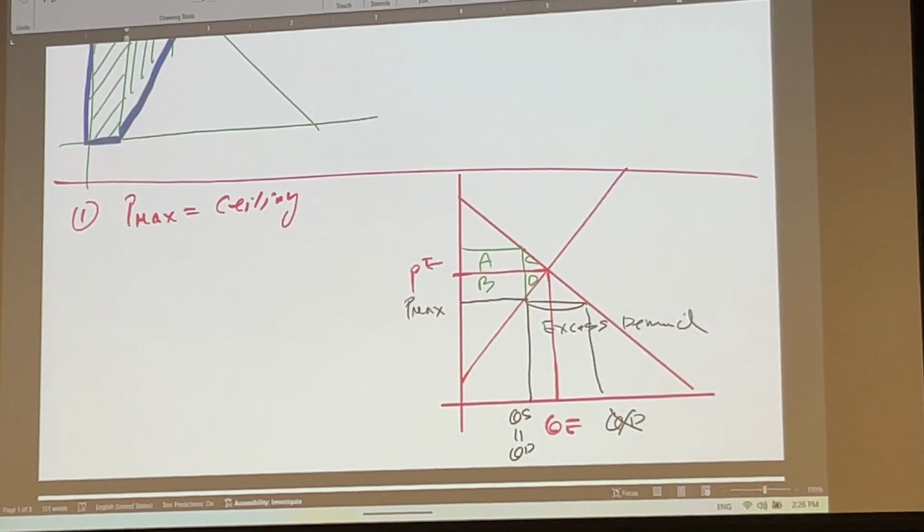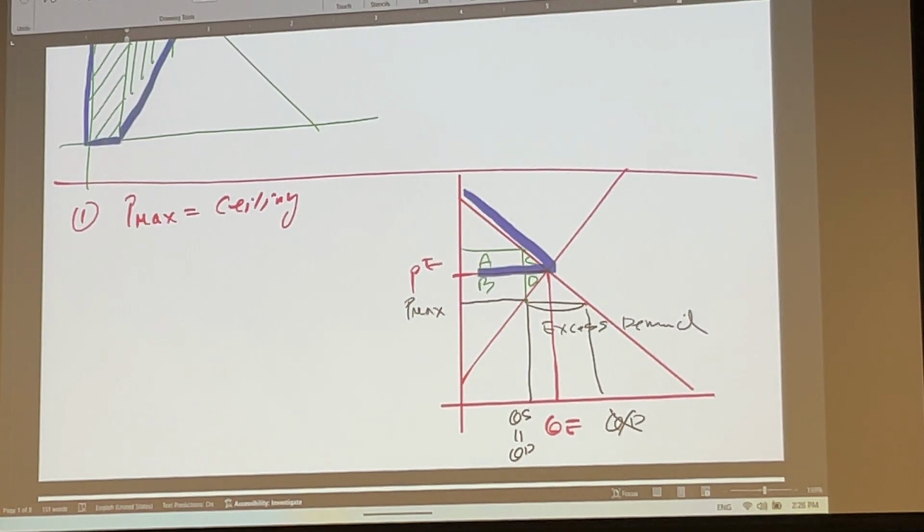Consumer surplus before was this. This is what the consumer was getting before the ceiling. Now they get this.